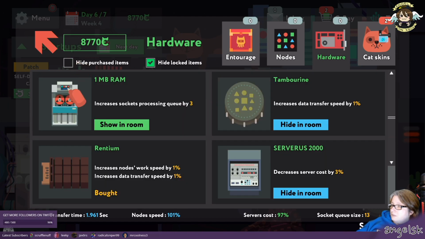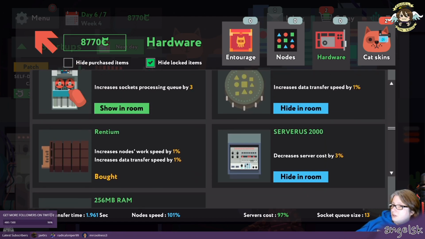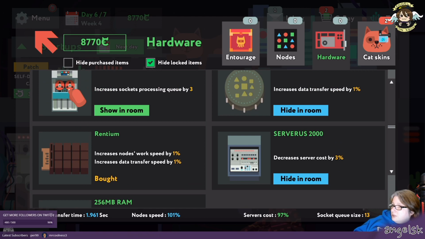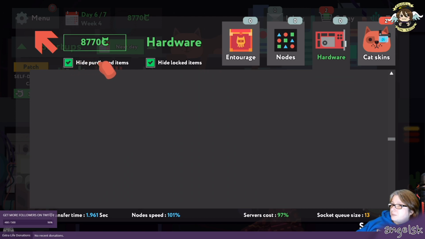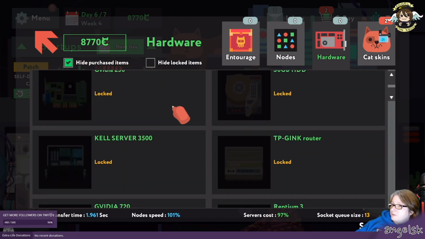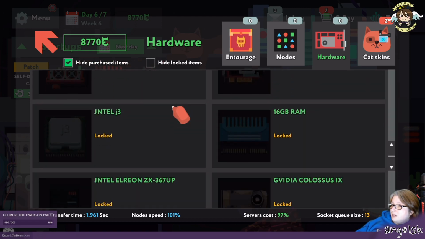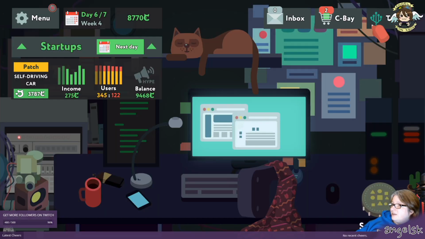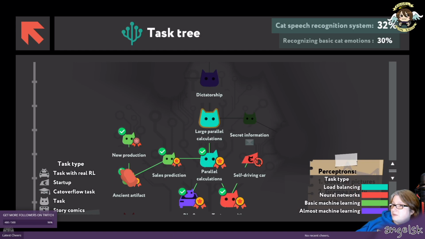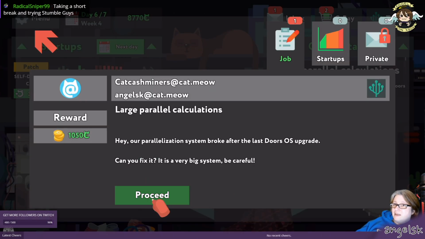Yeah, because we got RAM, which is socket processing queue. And then we got Cerberus, which decreases server cost, which is good. But we've still got a bunch of stuff that we can buy. We want the goodies, and then we can go back and get gold medals on the ones where we just need it to be quicker. Right, parallel grinder.